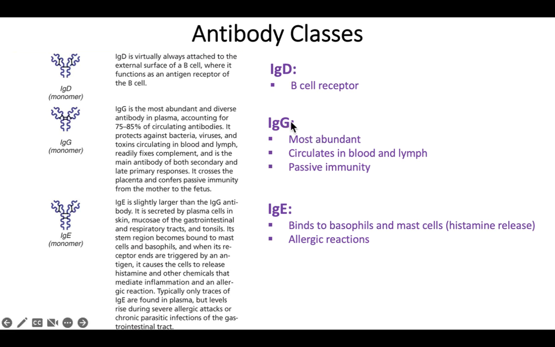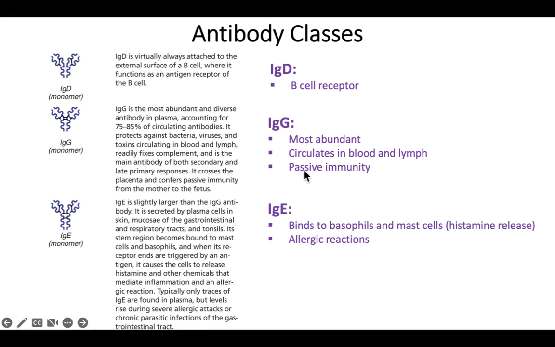IgGs are the most abundant. So they're the ones working for you when you're sick. They account for 75 to 85% of the antibodies that are circulating around in your body fluids, fighting against bacteria, viruses, and toxins that might be in your body. These can also be given to other people.